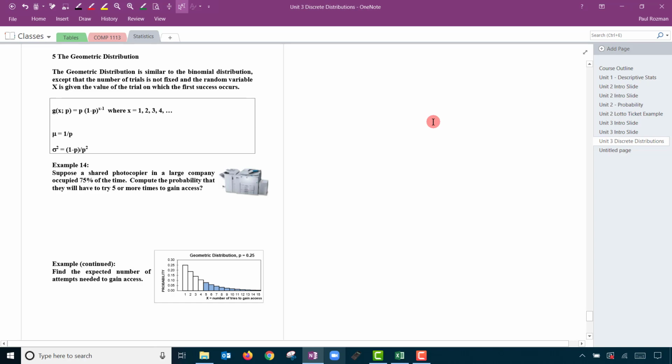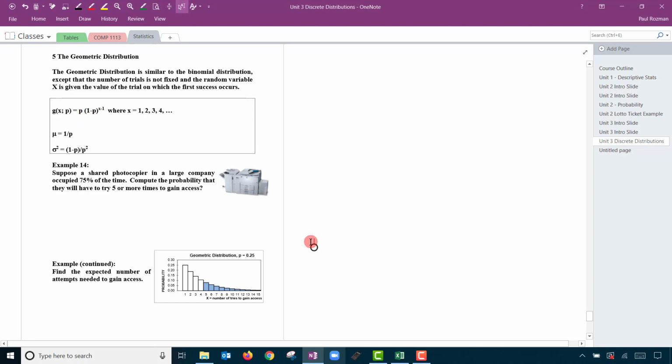So basically, the formula for this makes a lot of sense to me. You can't succeed before you've even tried. So you can see that our variable starts at 1 instead of at 0. If you look at this thing, it's like you need to fail a bunch of times and then finally succeed.